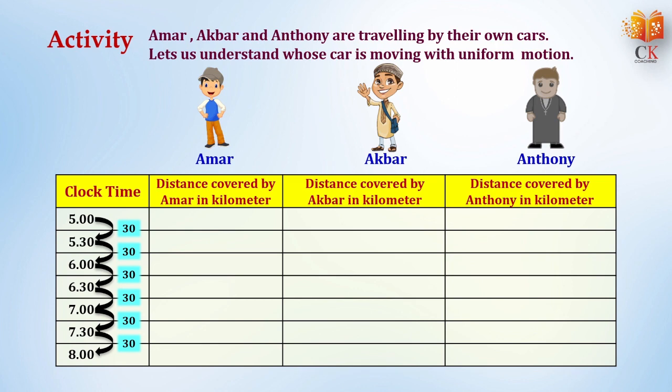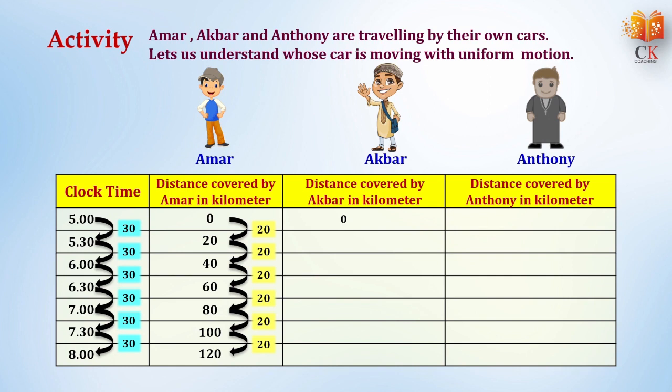Let's say when the time was 5, Amar's car covered 0 km, and then 20, 40, 60, 80, 100 and 120. If you observe carefully, Amar's car is covering equal distances in an equal time interval of 30 minutes. So we can say that Amar's car is under a uniform motion.